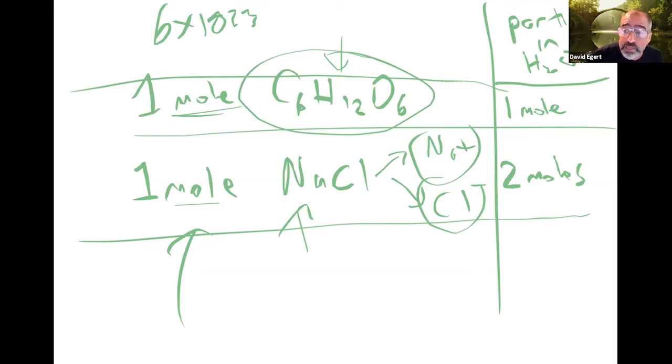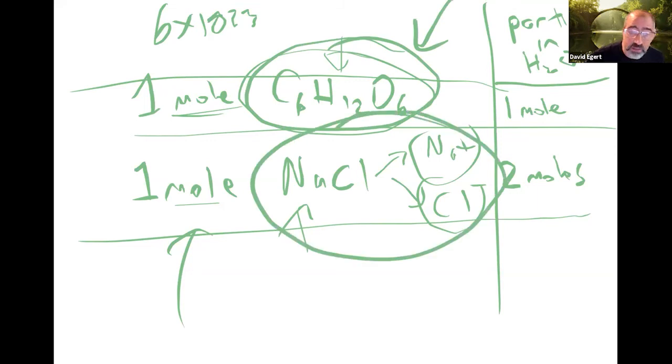So we're going to spend quite a bit of time this next week talking about osmolarity, osmosis, and why it's so important to keep track of whether something is covalently bonded versus ionically bonded.